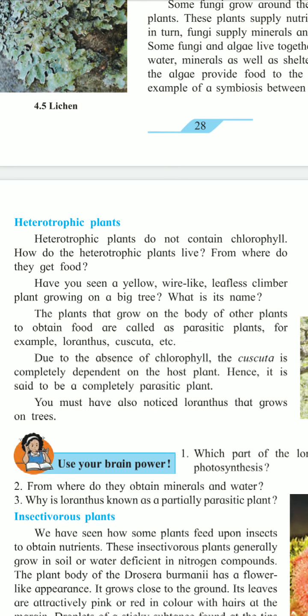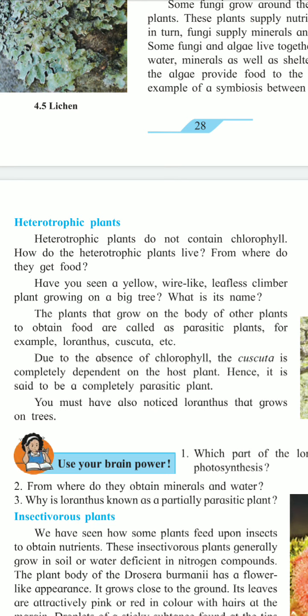Due to absence of chlorophyll, the cuscuta is completely dependent on the host plant. Host plant means the plant on which they are growing. And since chlorophyll is absent in cuscuta, the plant depends on the other host plant. Hence it is said to be a completely parasitic plant. Parasitic plants are plants that depend on others.